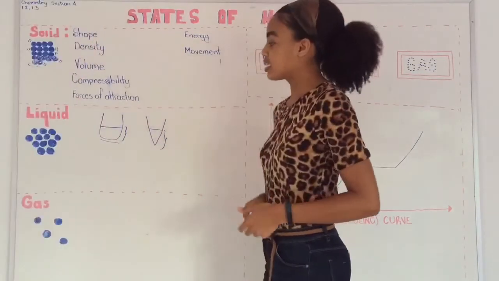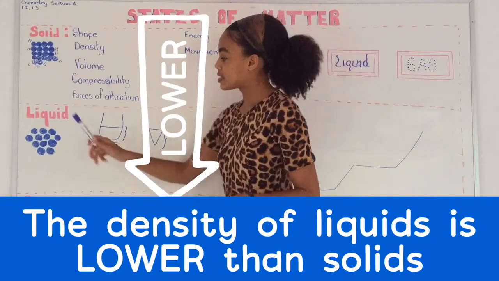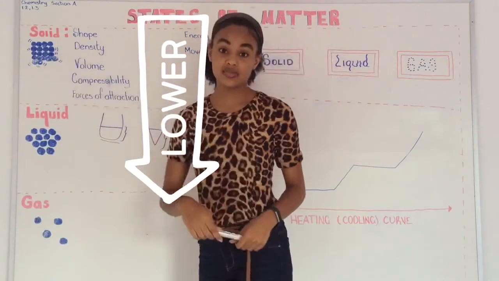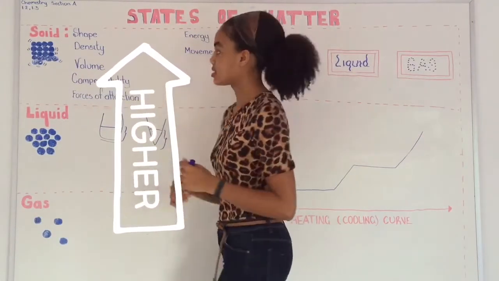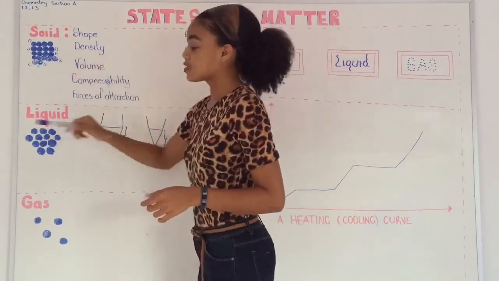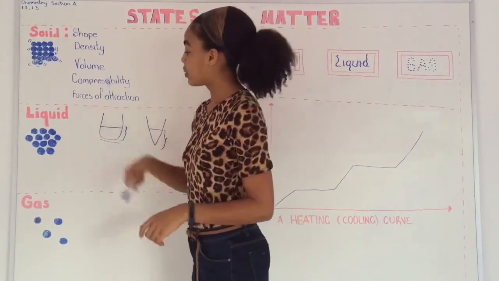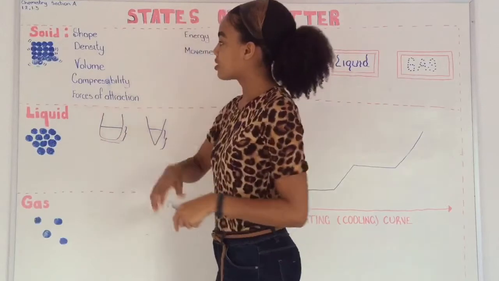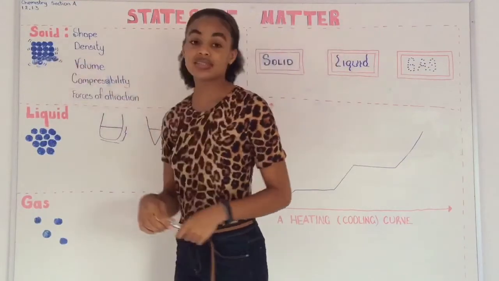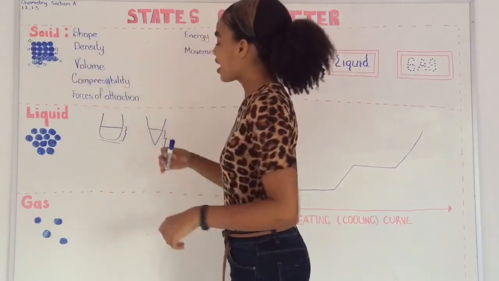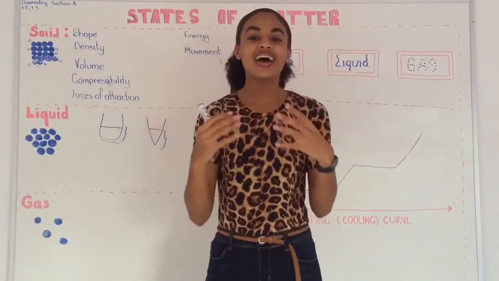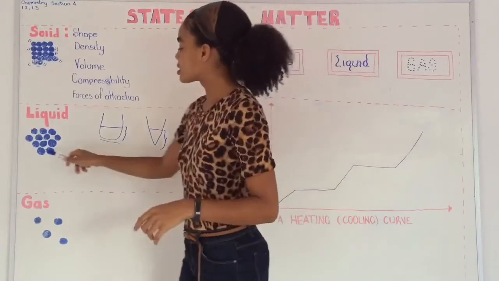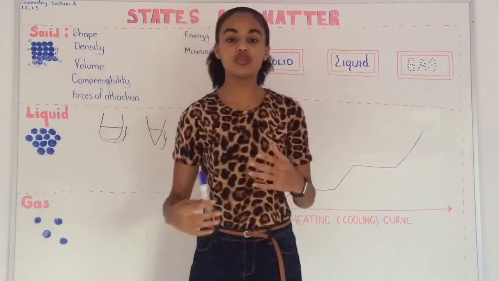So the density of liquids is much lower than the density of solids, but much higher than the density of gas. Why is this? The spaces between the particles in the liquid are much wider than the spaces between the particles in the solid. So they're not as compact as the solids, but they have a little bit of room to move about.